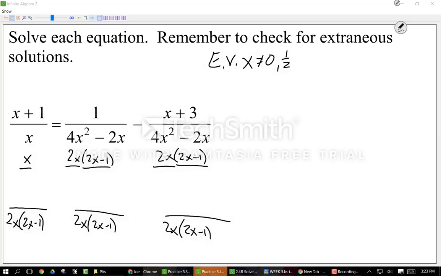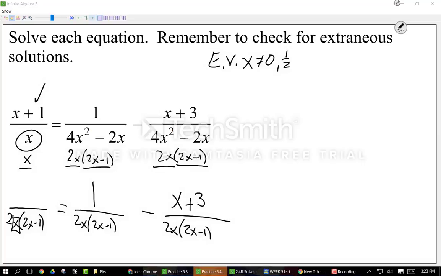I need to multiply my numerators to reflect my new denominators. In this particular fraction, this is really the only one that changes. Everything else stays the same. So what changes? Well, I have an x in my denominator there, and an x in my other denominator, so that doesn't change.